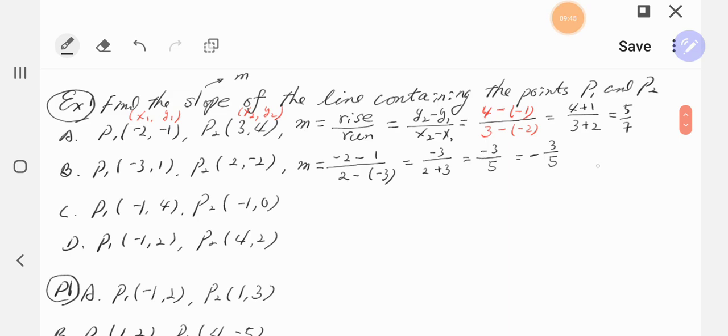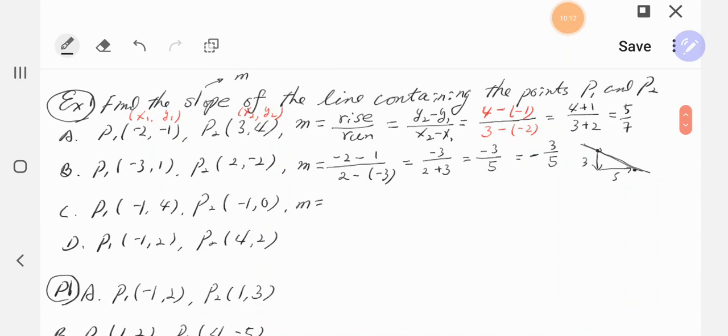So starting from 1 point, go 3 units down because negative 3, and then 5 is positive, so 5 units to the right. So the graph of the straight line looks like this, starting from 1 point, 3 down, and 5 to the right.